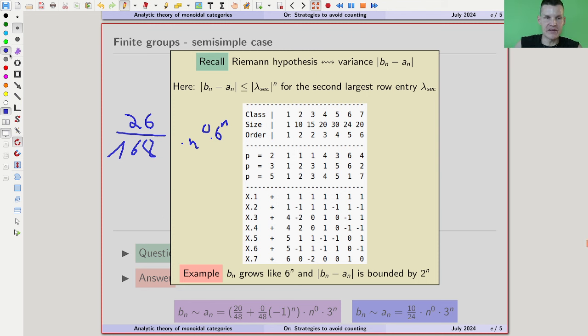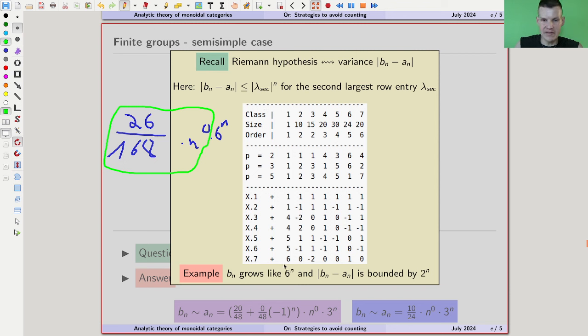And in particular, this fun fact that this correction term does not depend on the representation. It's something you read off from the group, from the character table. Does not depend on the representation. That's a very surprising result. Anyway, you can even say more. You can say something about the variance, the Riemann hypothesis. The only thing you need to do is look at the second largest entry.